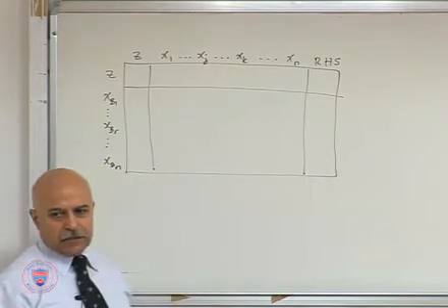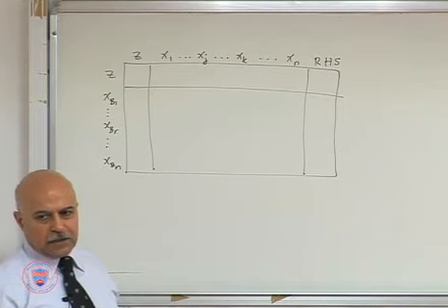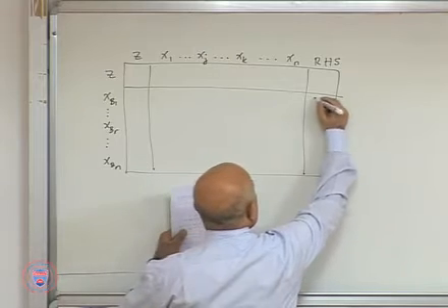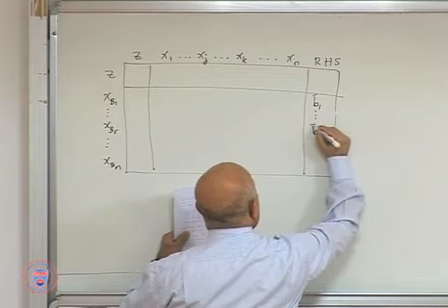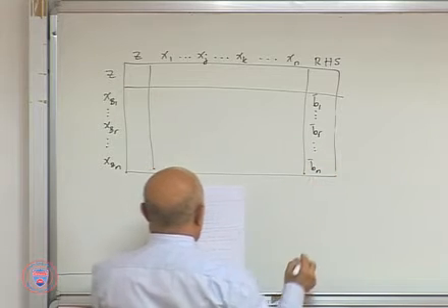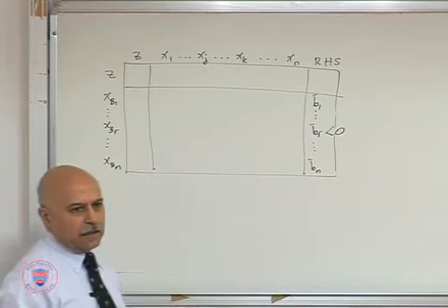That tells you that some basic variable, whereas it's supposed to be non-negative, is actually negative. So we've got, say, B1 bar, BR bar, BM bar, and let's just assume this particular one is negative.